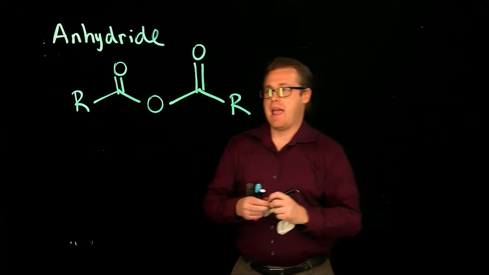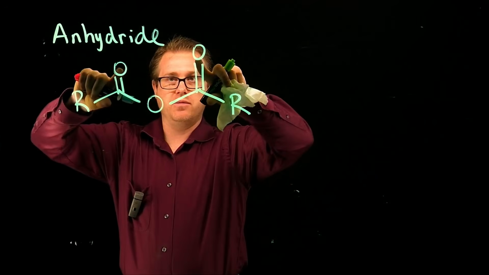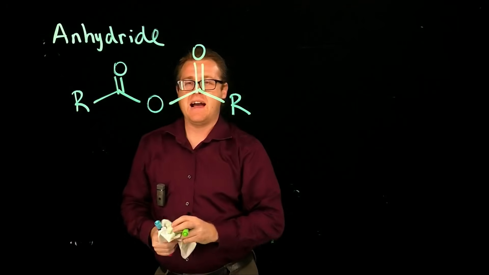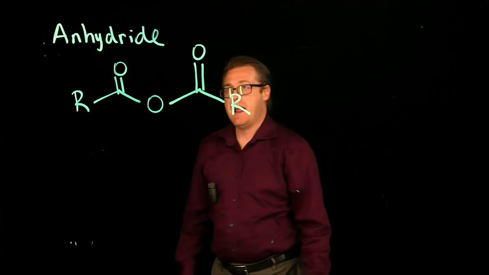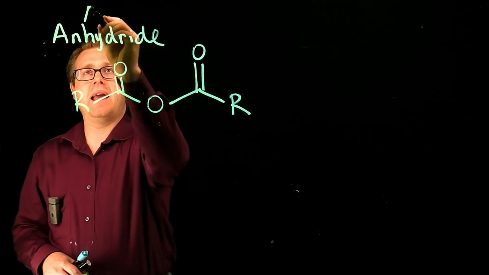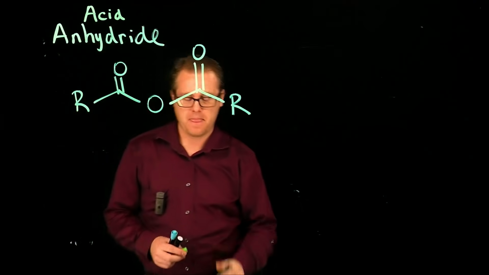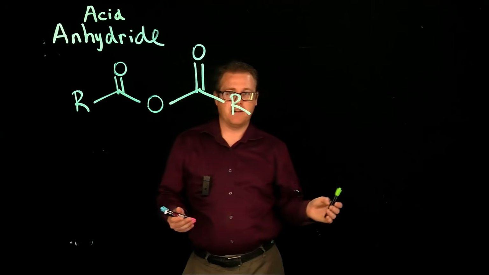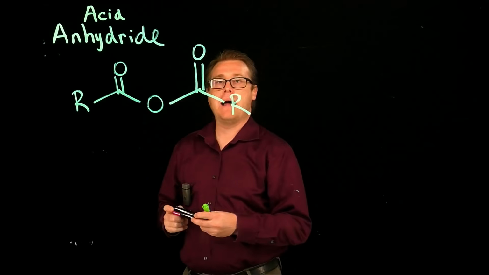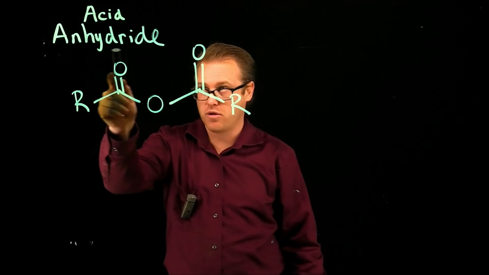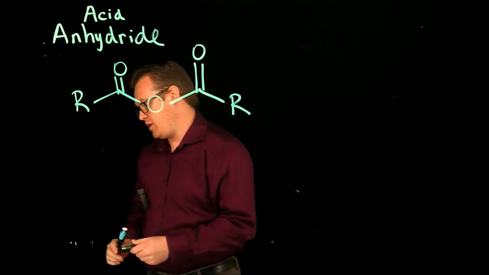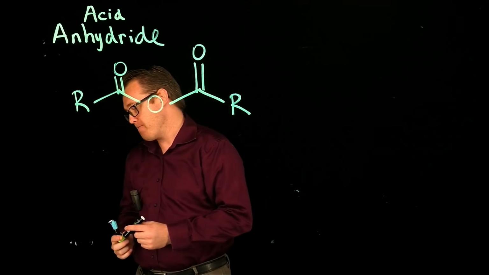So if you take two acyl groups and sandwich them between an oxygen atom, that is called an anhydride. And oftentimes textbooks will call it an acid anhydride. So I use both interchangeably. It doesn't really matter to me as long as you get that the word anhydride correlates to that structure, then you're going to be good to go.